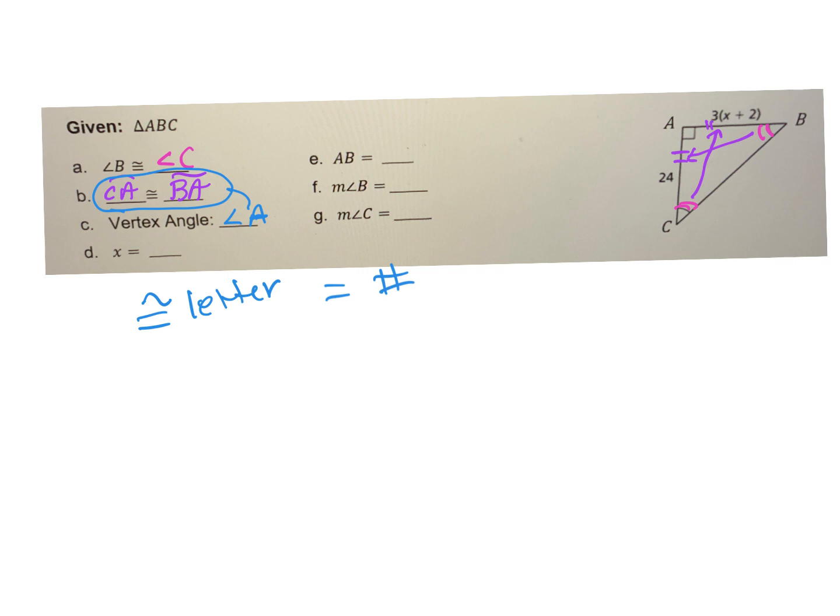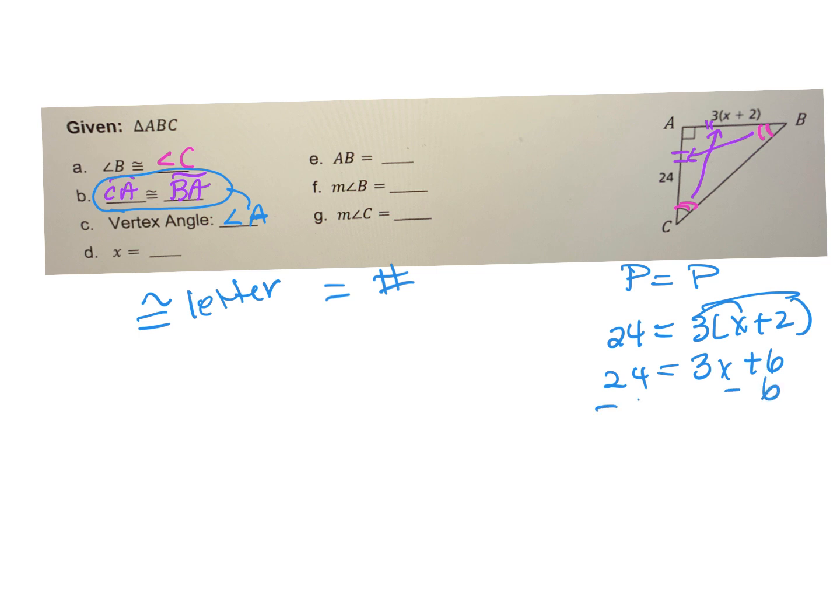Now let's solve for x. What do we know? This is part equals part. So we have 24 equals 3 times x plus 2. Remember, we're doing the distributive property. So we'll distribute the 3. 3x plus 6 equals 24. Going to subtract 6 on both sides.